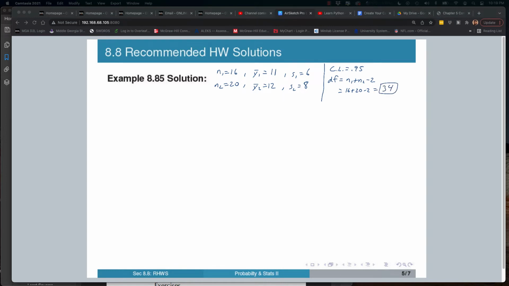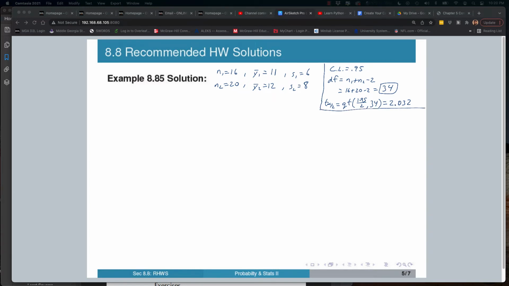And then that means t sub alpha over 2 is equal to QT of (1 plus 0.95), or 1.95, over 2 and 34 degrees of freedom, and that gives us a critical value of 2.032. So we'll need that shortly.